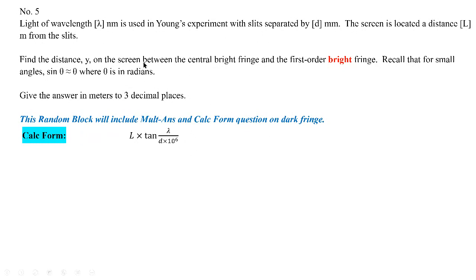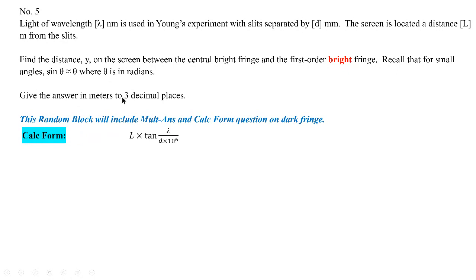So they say, find the distance on the screen between the central bright fringe and the first order bright fringe, and recall that for small angles, sine theta is approximately the same as theta, so long as it is in radians, right? It would not be this if this is in degrees, and you say this is sine 30 degrees, that's not 30 here. It is only when theta is in radians.